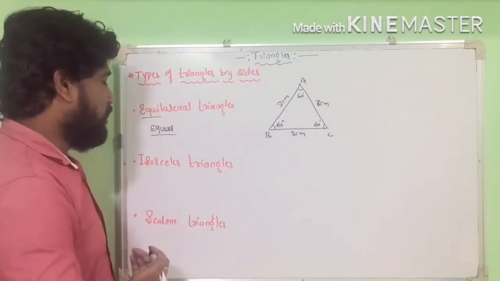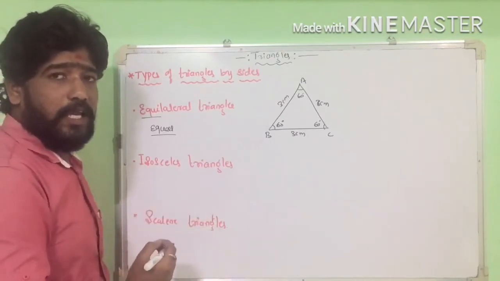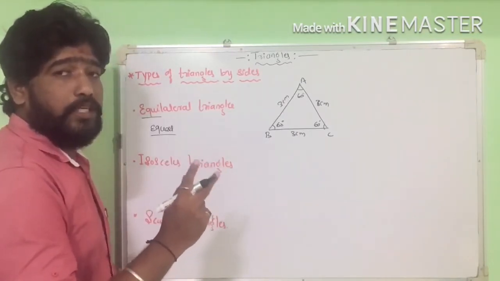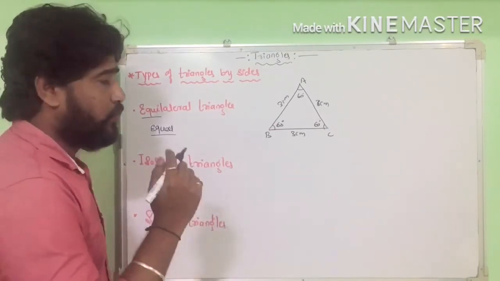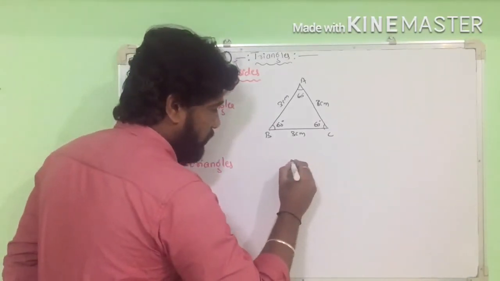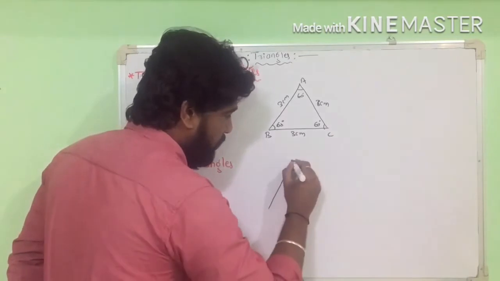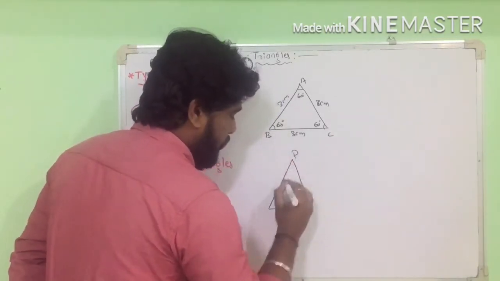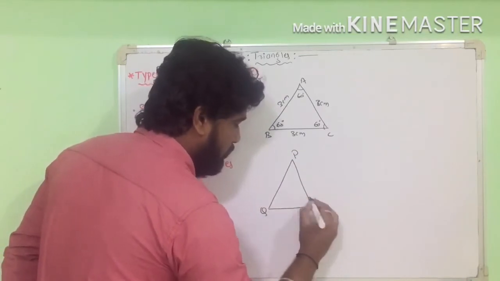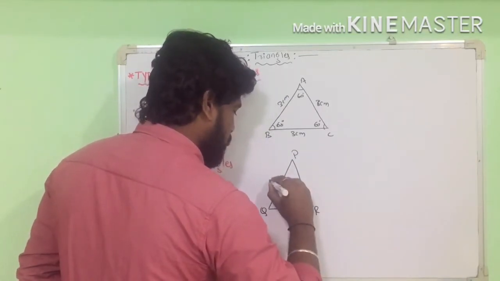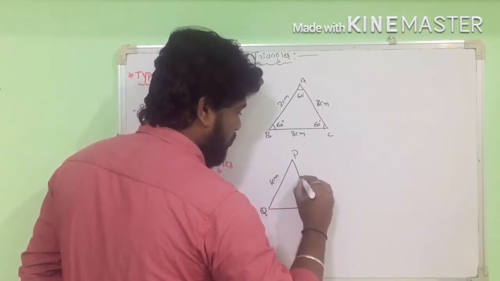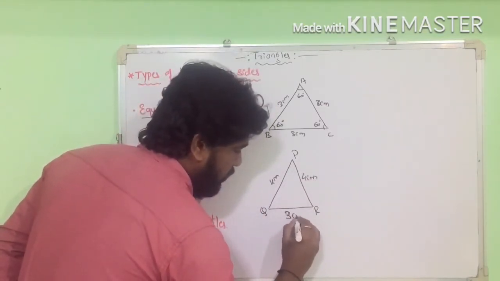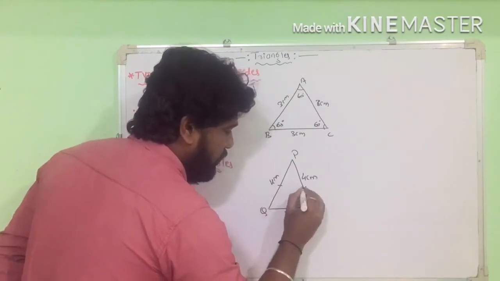Next one, isosceles triangle. An isosceles triangle is a triangle in which any two sides are equal. So for example, PQR. It is 4 centimeters and it is also 4 centimeters and this is 3 centimeters. So these two sides are equal.